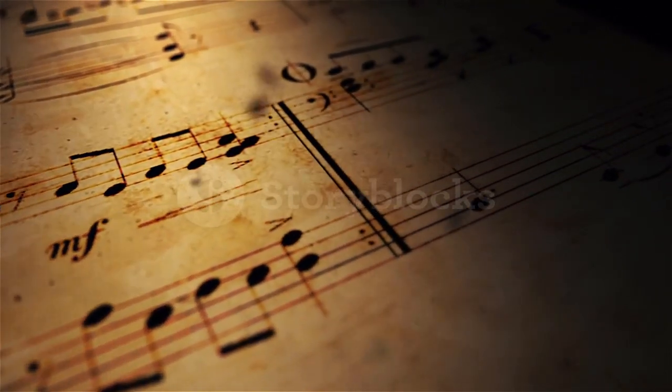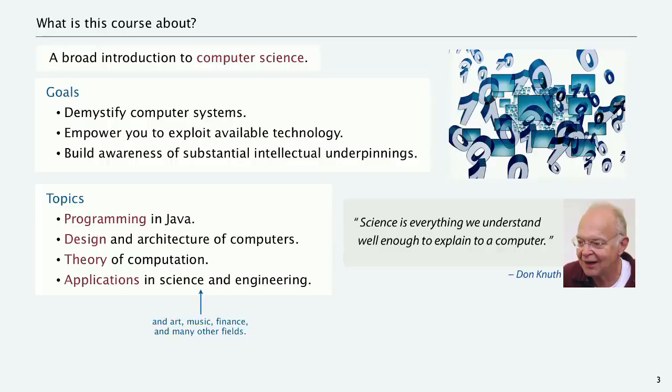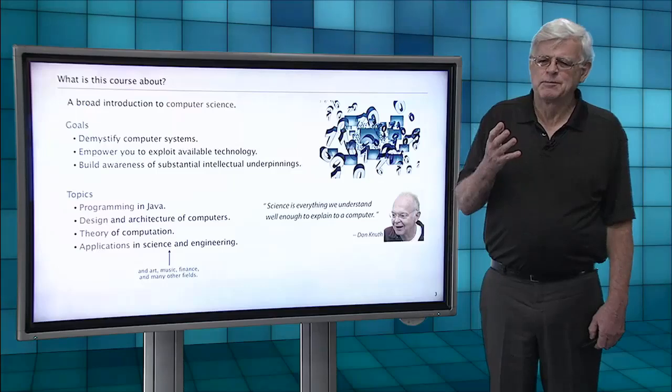I want to just get people thinking about what computer science really is about. I want to start with a quote by Don Knuth, who's one of the earliest and most famous computer scientists. And he says, "Science is everything we understand well enough to explain to a computer." Some people say, well, why is it computer science?